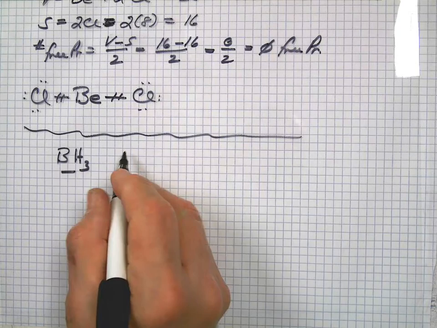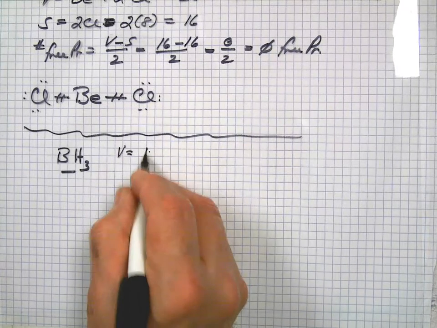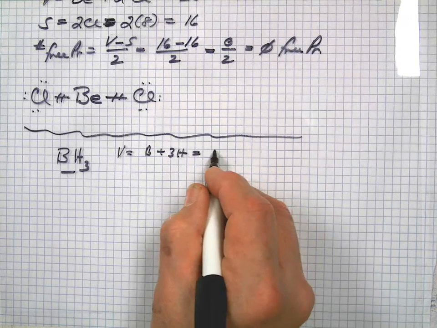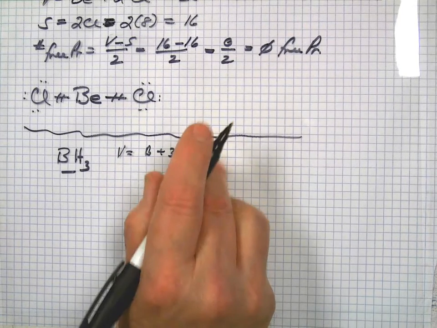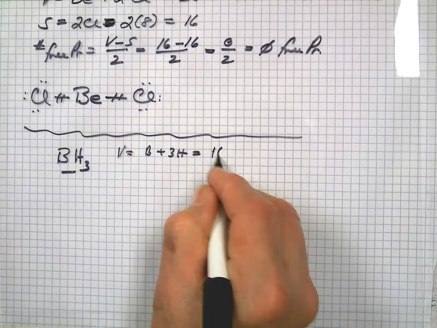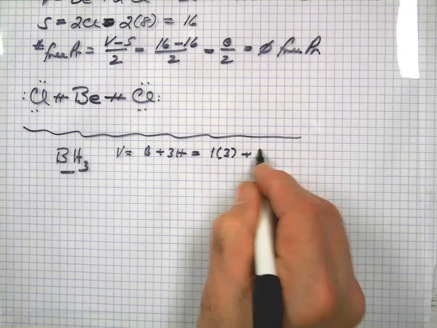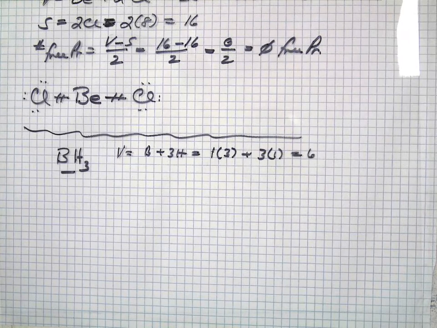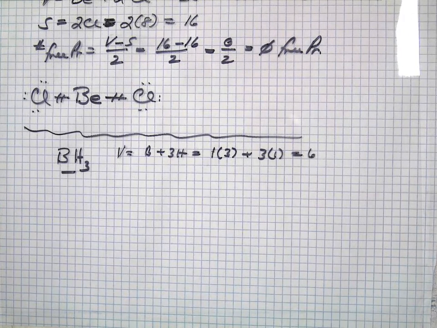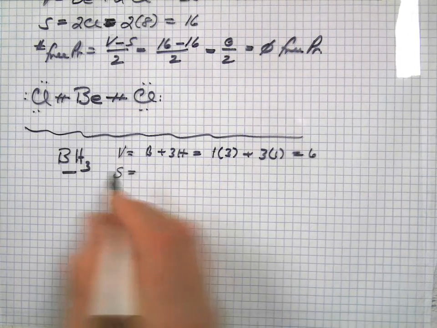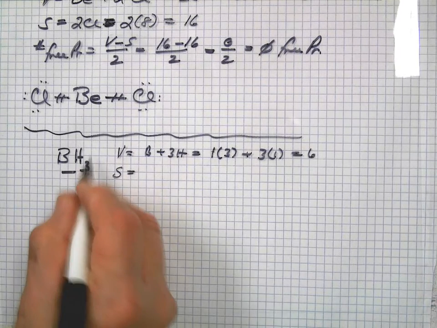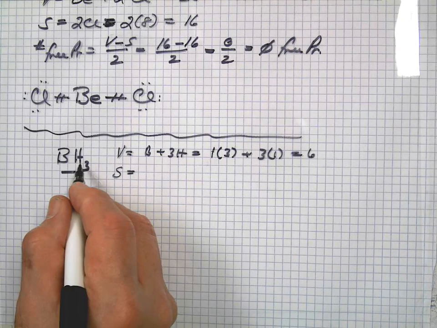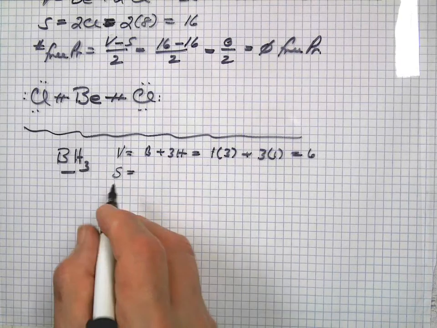Okay, so the valence is a boron plus 3 hydrogens. Boron has a valence of 3, third group, plus hydrogen has a valence of 1, so we have a total of 6. Substrates: only the satellite attachments are taken into account, and they're taken into account when they're full.